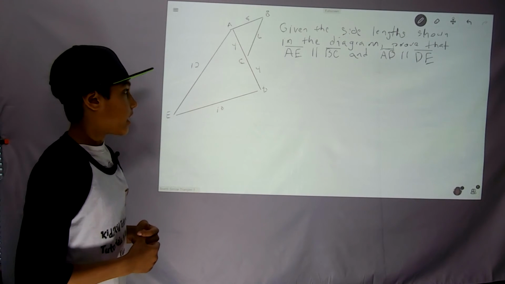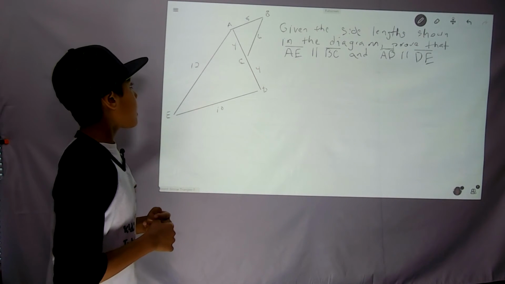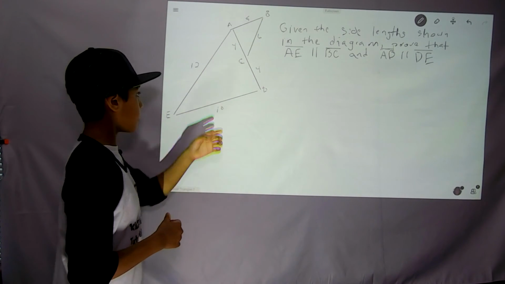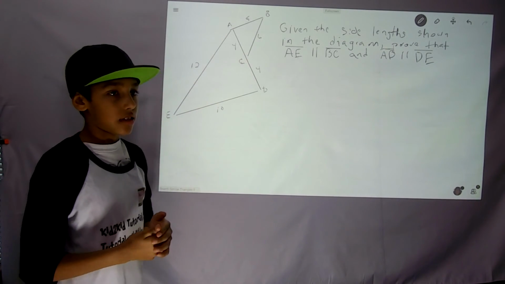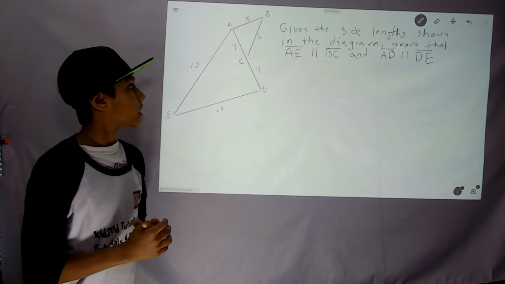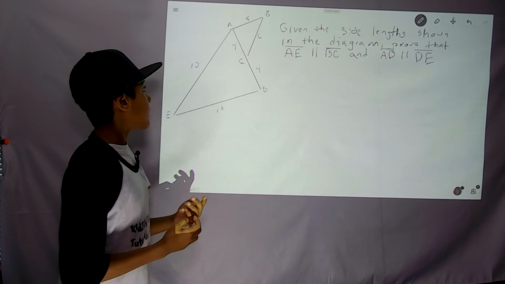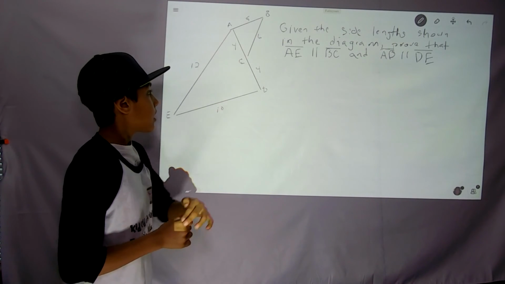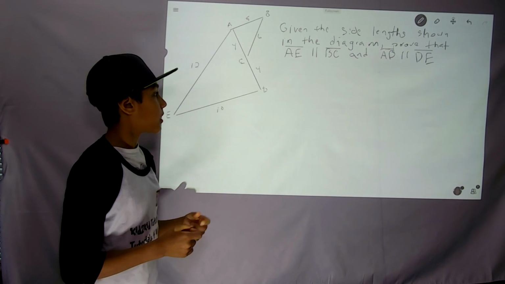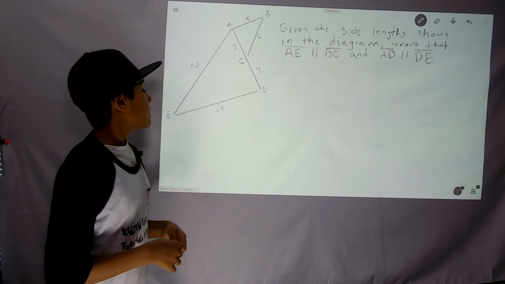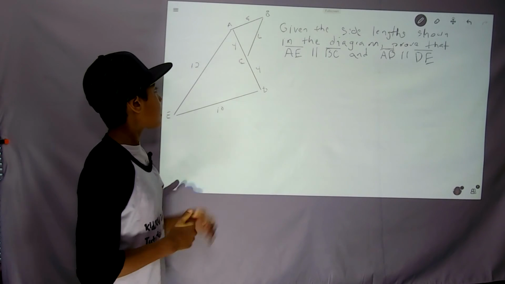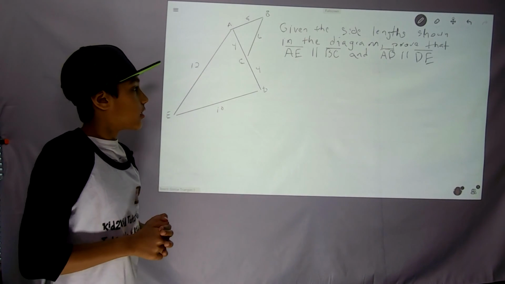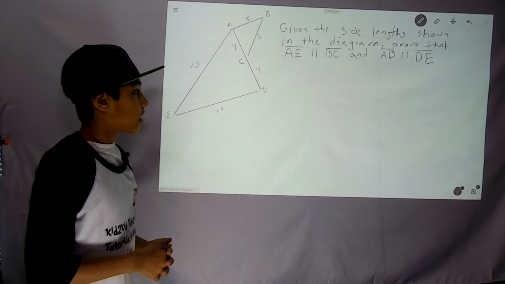And we can also say that angle ABC is equal to angle DAE, because they're similar by SSS. So since angle BAC is equal to angle EDA, that proves that line AE is parallel to line BC. And since angle ABC is equal to angle DAE, we know that line AB is parallel to line DE.